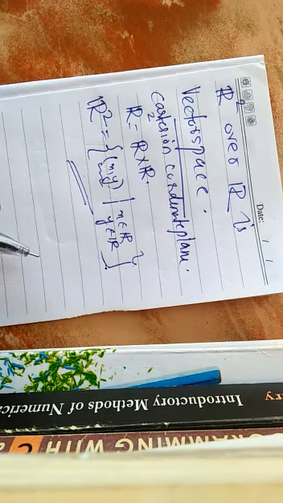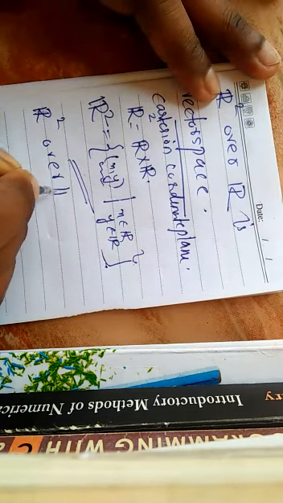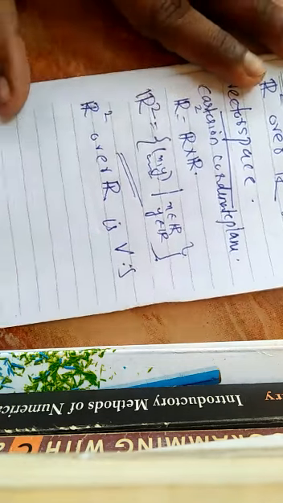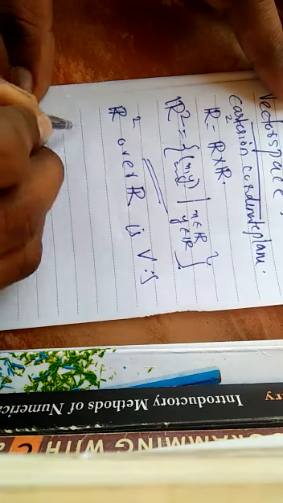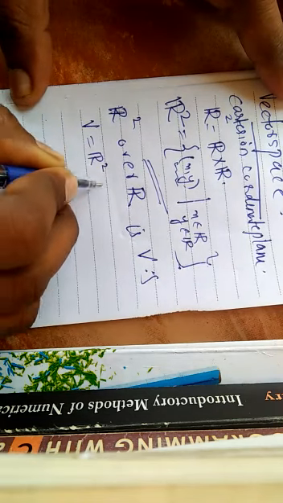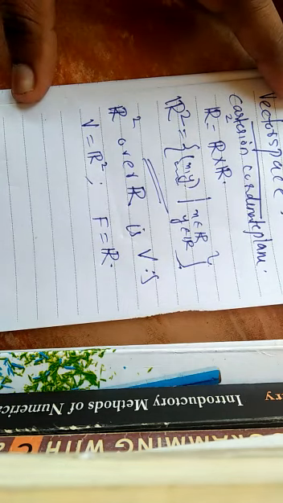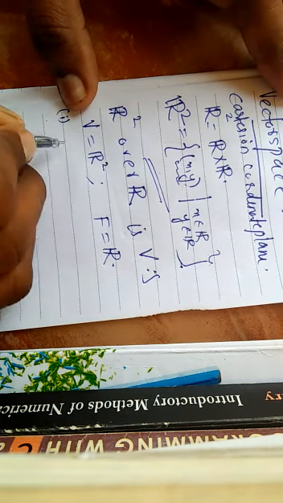Next, we need to prove that R2 over R is a vector space. So first we say V is R2 and F is R. We need to prove the first property, the associative property.